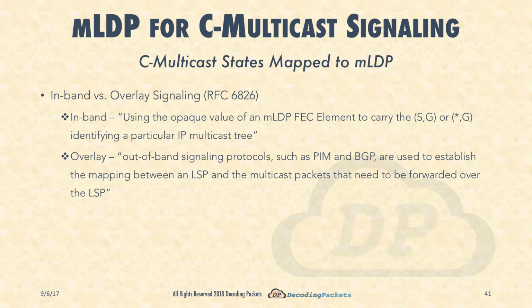Okay, but secondly, there was also the case of the data MDT. We've just defined the default MDT, but there was also the data MDT. We were essentially mapping specific S,G states to specific LSPs. This time, the source side PE, a real term that I just made up right now, so the PE behind which the source sits, created the mapping.